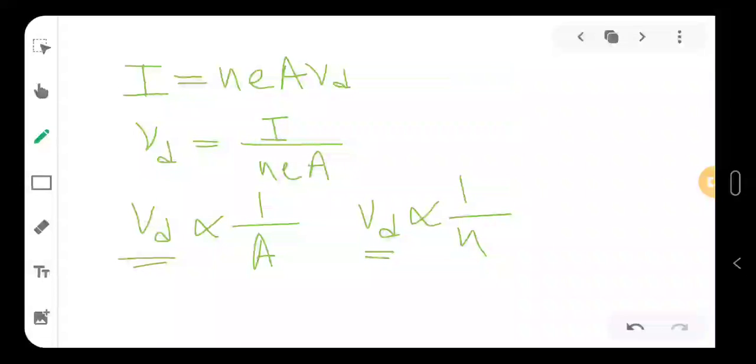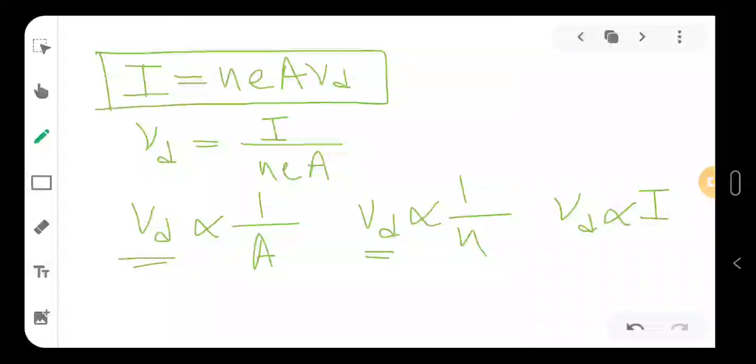So these two factors we can get. Also the current is proportional to the drift velocity, so if I know the current, I can understand what will happen to the drift velocity. So this equation is the equation of current, which is very important.